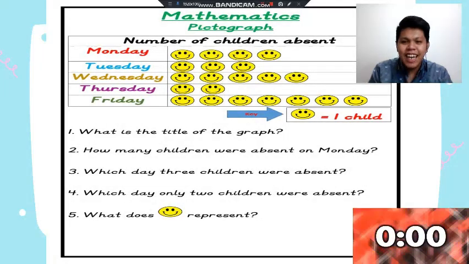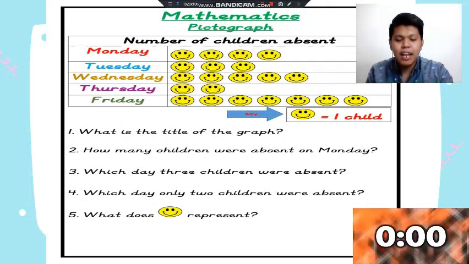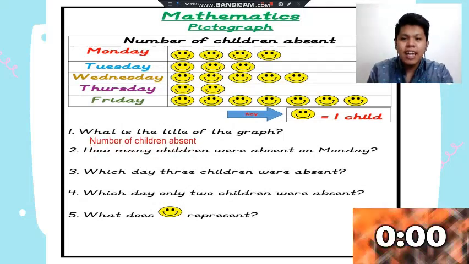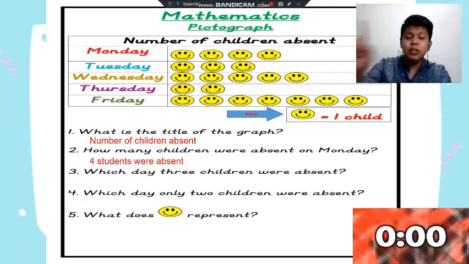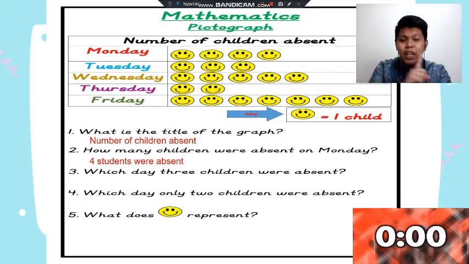Let's check the answer. What is the title of the graph? Answer is number of children absent. Next, how many children were absent on Monday? There were four students who were absent. Why four? Because one smiley face is equal to one child.